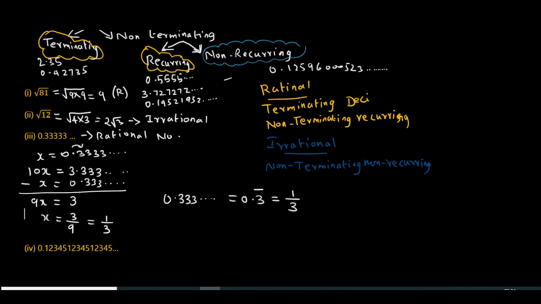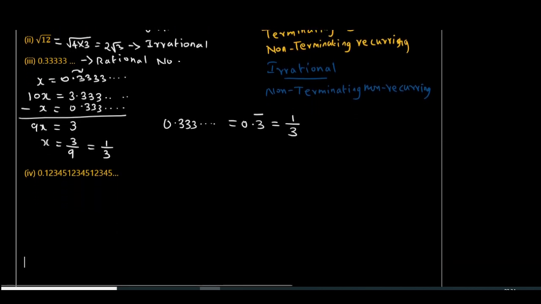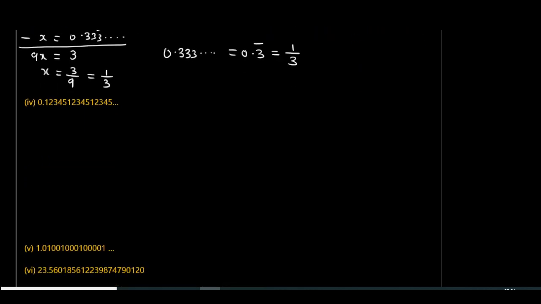Look at the next one. What type of number? 0.12345, again 12345. See, 1 2 3 4 5, again in this place 1 2 3 4 5, again here 1 2 3 4 5.